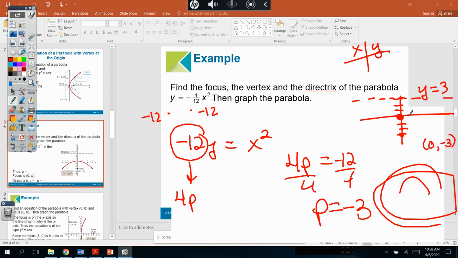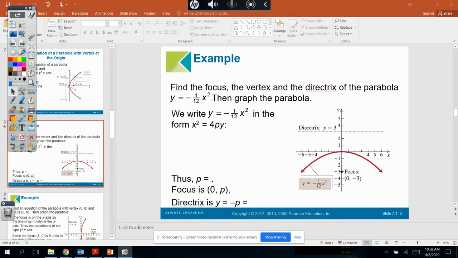Because if I plug in 6, 6 squared is 36. 36 divided by -12 is -3. And there's symmetry still. So it would just be a wider parabola. But we don't have to do that until tomorrow, that's just a little introduction.